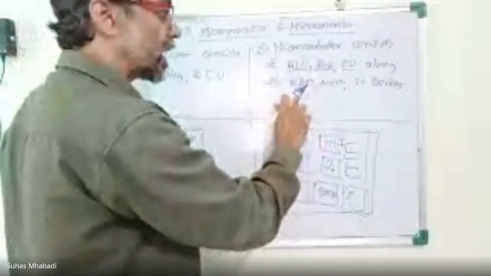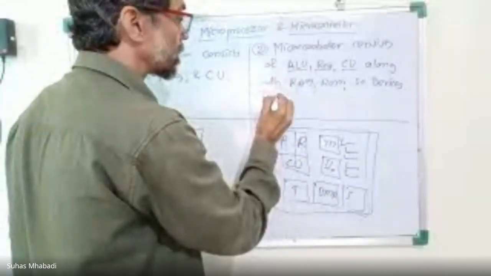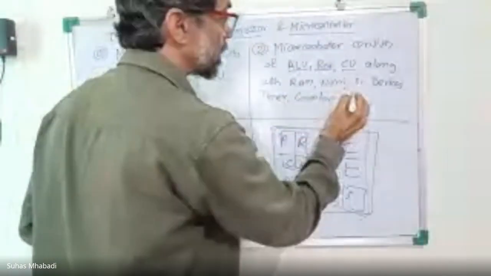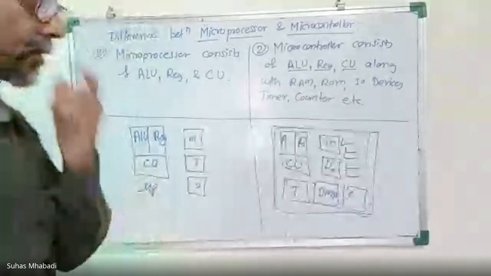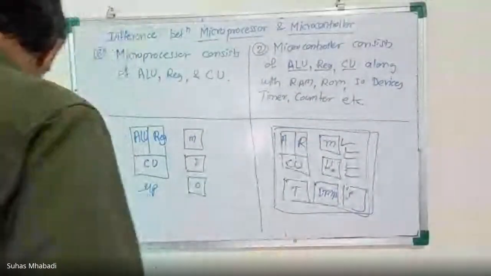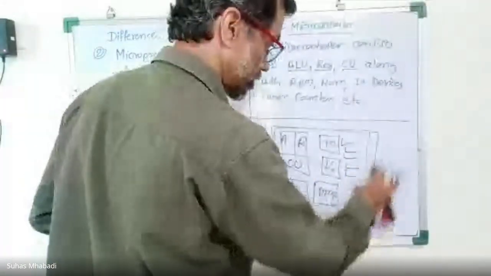Along with that RAM, ROM, IO devices, timers, counters, etc. बरोबर. So please note down the second difference of this. एकाच आयसी मध्ये हे सगळं असतं.